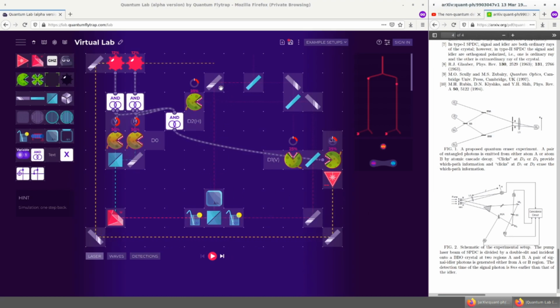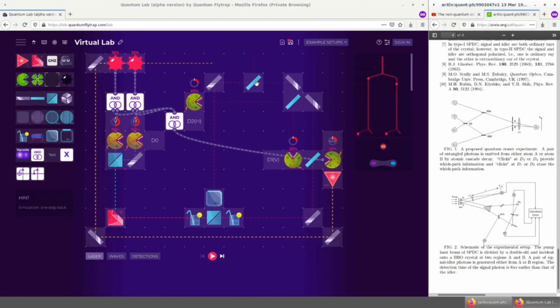In a simulator, we're able to much more freely move things around and have things just work. So, for example, in this experiment, they use beam splitters as the choice mechanism. But these are not really ideal choice mechanisms because we don't have control over them. It'd be much nicer if we could have a switch that we could flip in order to pick between the two choices. And in fact, we can do that.